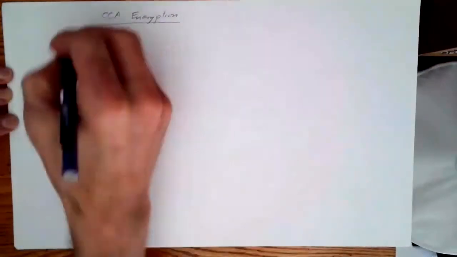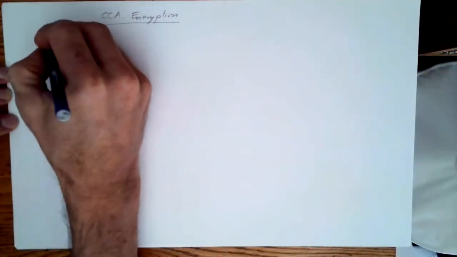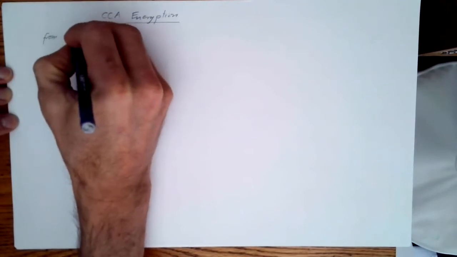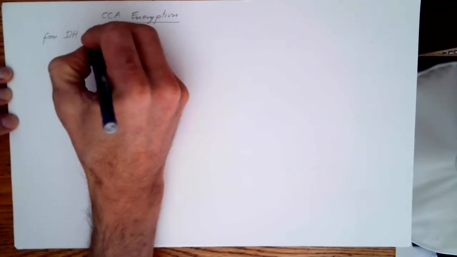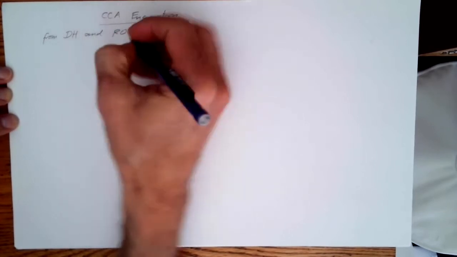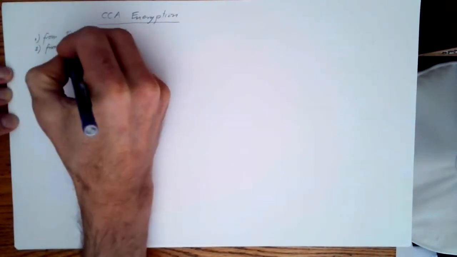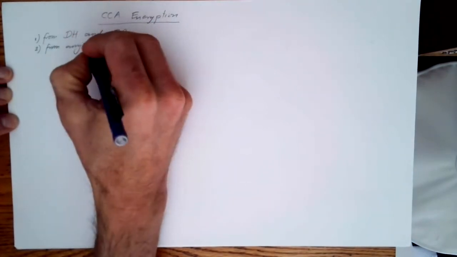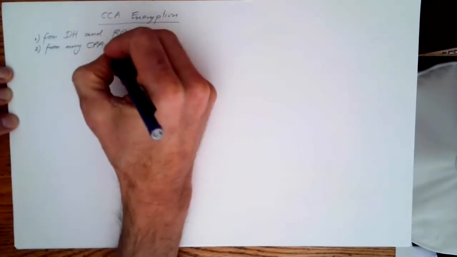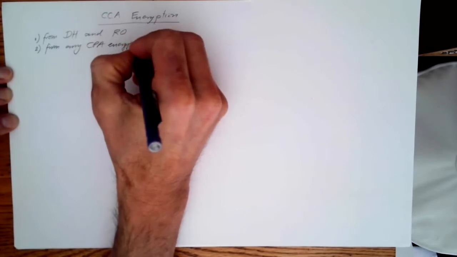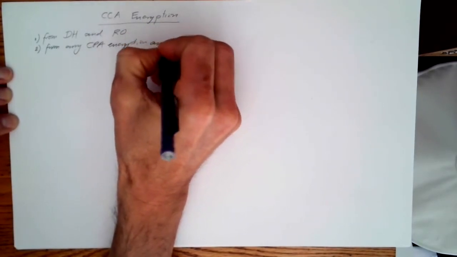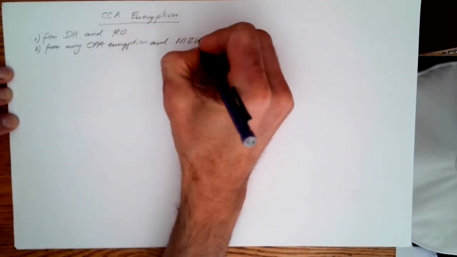Today, let's go over CCA encryption from Diffie-Hellman and random oracles, from any CPA encryption and non-interactive zero knowledge.